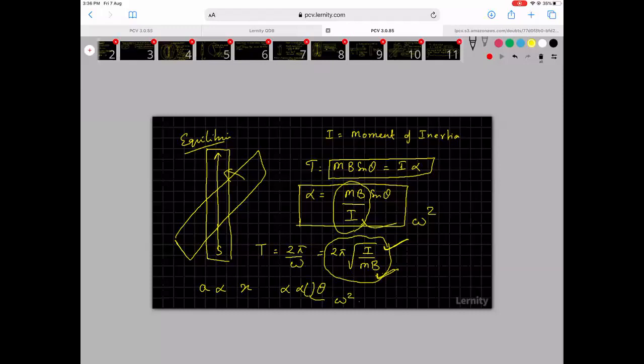For small angles, sine theta can be equated to theta. So alpha is equal to minus mB by I into theta. Why is it minus? Because once you leave it, it will go back. So it's in equilibrium position, so it will be oscillating about the mean position.